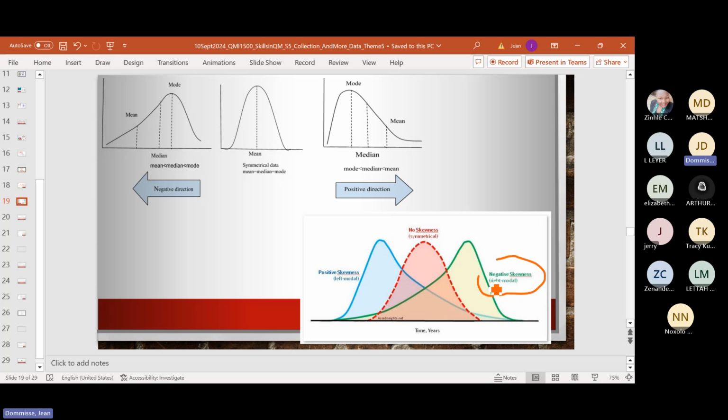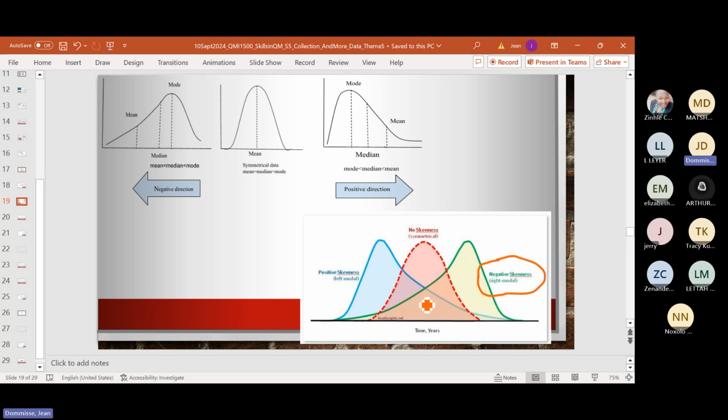If you go on Google or YouTube and look at skewness of data, sometimes they will call it negative skewness, sometimes right skew.